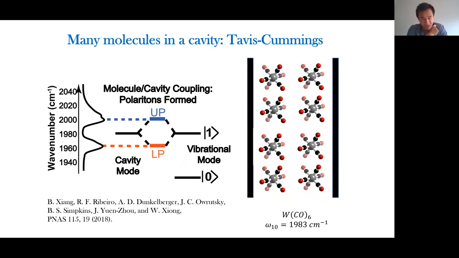So he deposits microfluidic solutions inside of these optical microcavities, and he demonstrates vibrational strong coupling between, say, localized molecular vibrations in tungsten hexacarbonyl at 1983 wave numbers, coupled to a cavity mode forming the polariton states. And again, this is the linear transmission, and it's both a literal as well as a figurative optical illusion that you don't see the dark states.